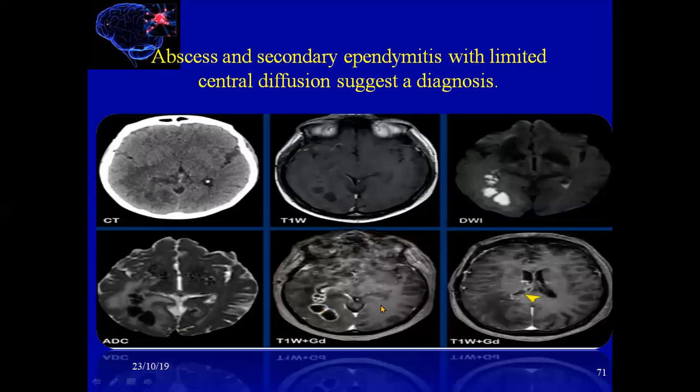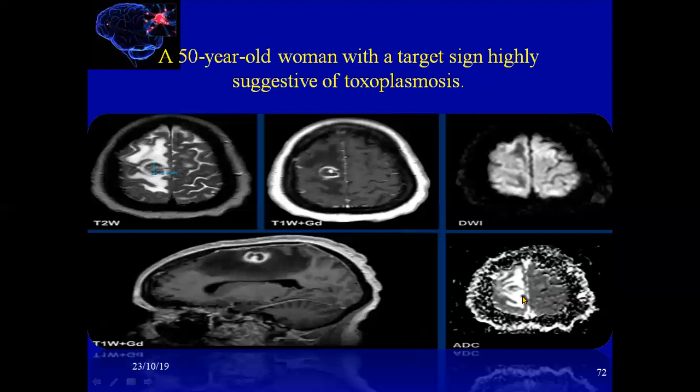Abscess and secondary ependymitis with limited central diffusion suggest the abscess diagnosis. This is a ventriculitis here. A 50-year-old woman here, target sign, highly suggestive of toxoplasmosis here.